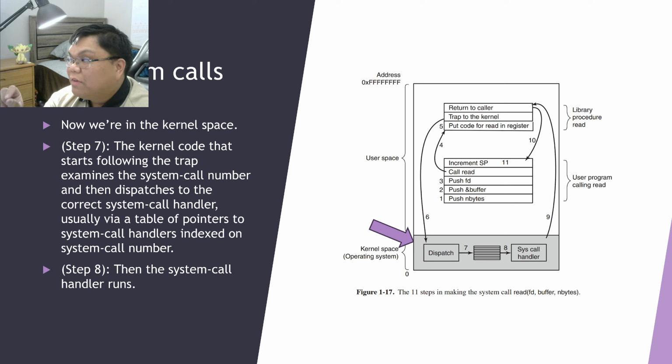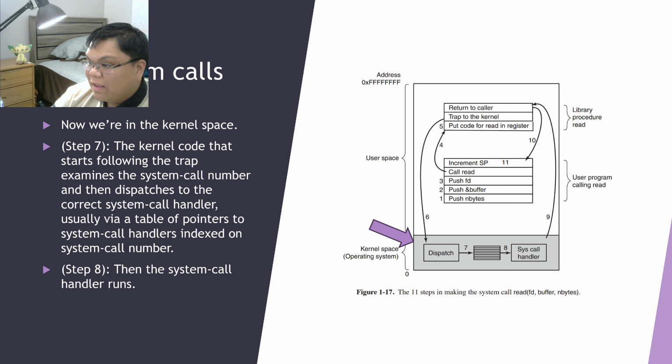So the read instruction has some number associated with it. We look up that number in this lookup table, and it has a pointer to some system call handler. That handler runs, and then after that, we're able to read our file.